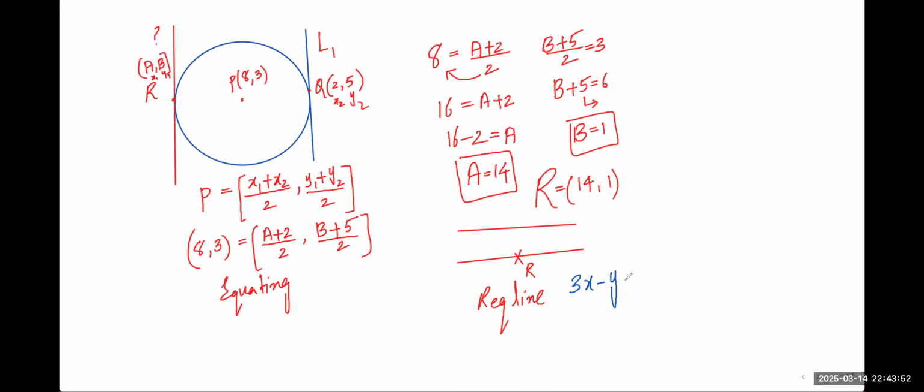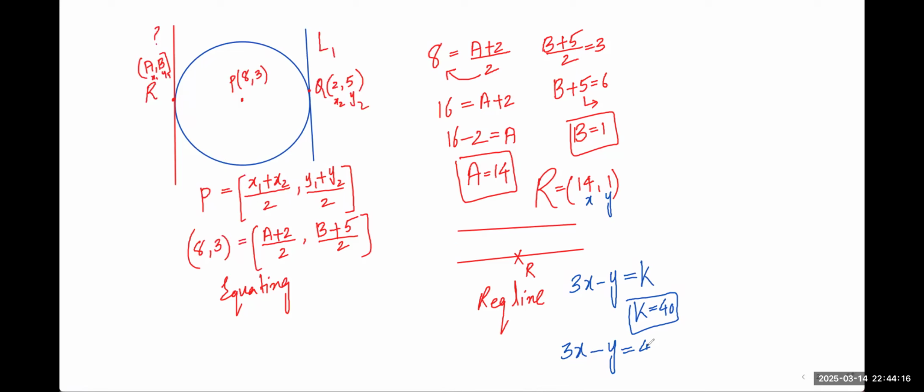So I am taking some different constant k. This point we have to put here to get the value of k. This is 14, 3 times 14 is 42. 42 minus 1 is 41, so the k value is 41. Simply we put this k value 41 here. You will get the line which is parallel to L1.